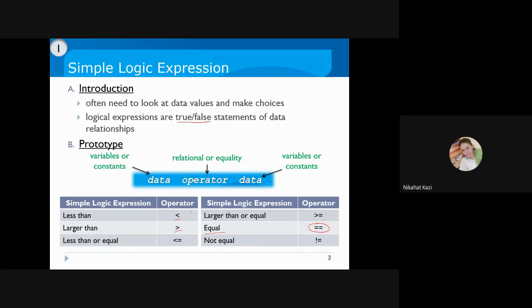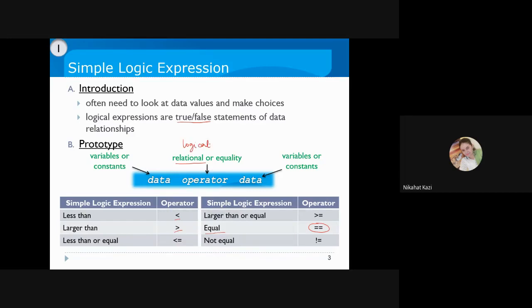So whenever you want to construct a logical expression in C, you need to make use of logical operators. These operators are also known as relational operators. So you'll see the word relational or logical, both mean the same.